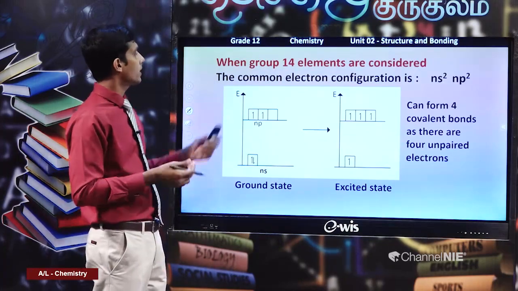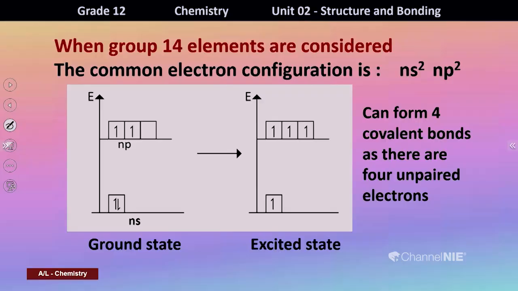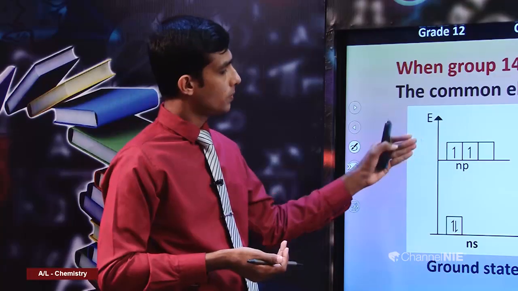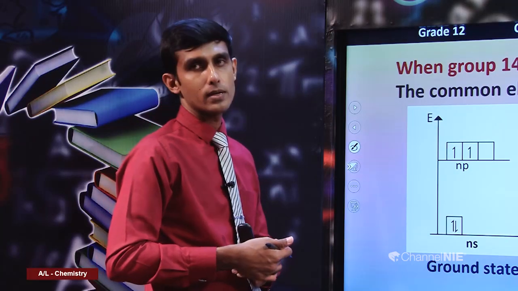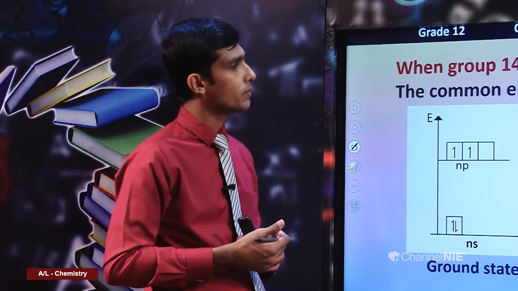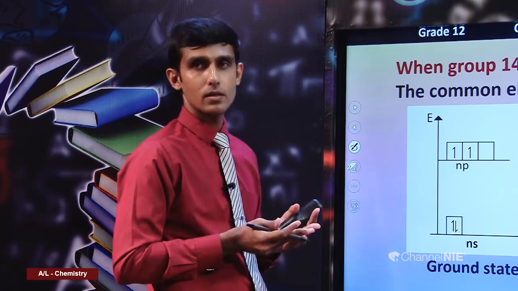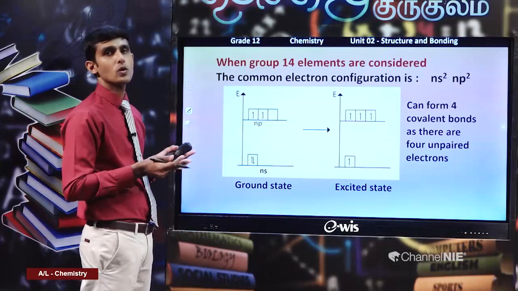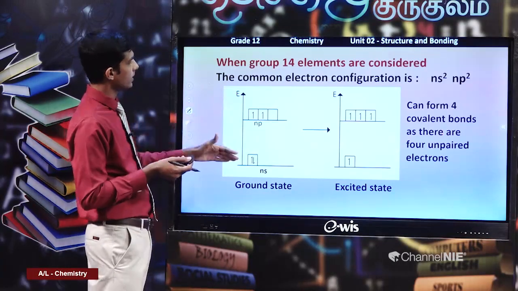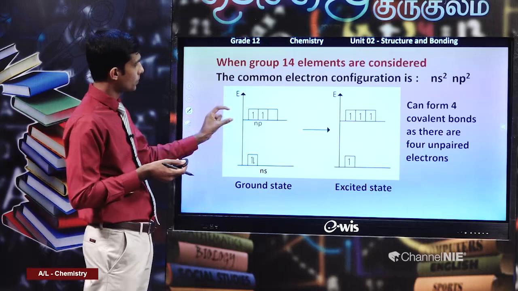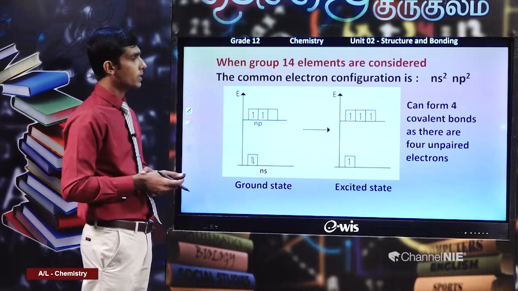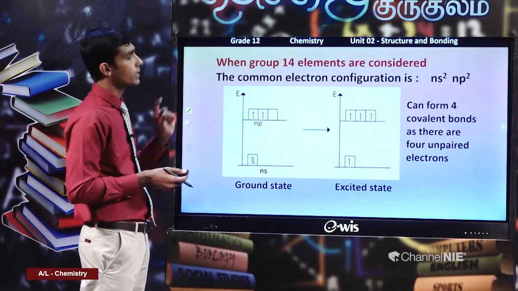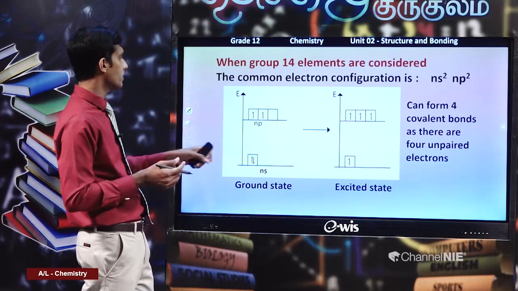So group 14 elements, for example, ns2 np2 configuration, here in the ground state you have 2 unpaired orbitals and 1 paired orbital. But we know group 14 elements such as carbon always form 4 covalent bonds. But in the ground state atom, we cannot explain the way 4 covalent bonds are formed by an element like carbon. But again you can think of that.